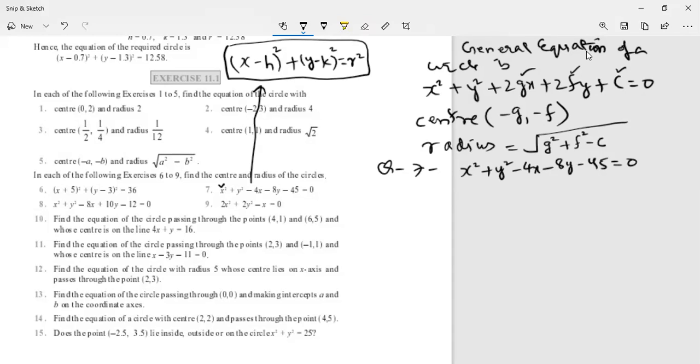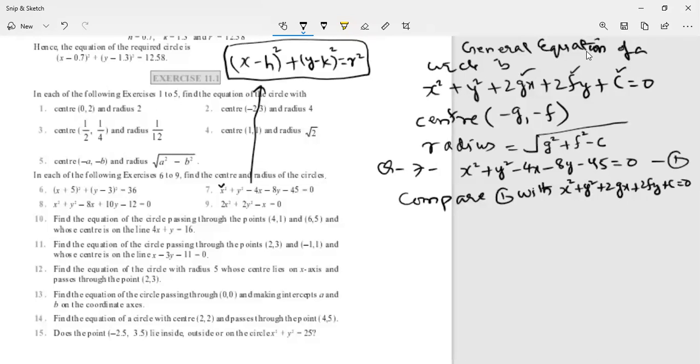So this is the given equation. Compare it first with the general equation, x square plus y square plus 2gx plus 2fy plus c is equal to 0.